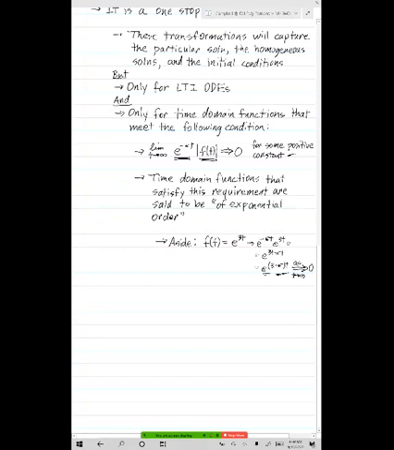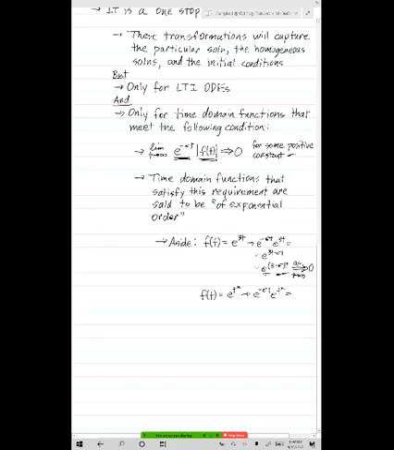How about, though, if f of t is equal to e to the t squared? Okay, well, let's just do the same thing. We have e to the negative sigma t times e to the t squared.